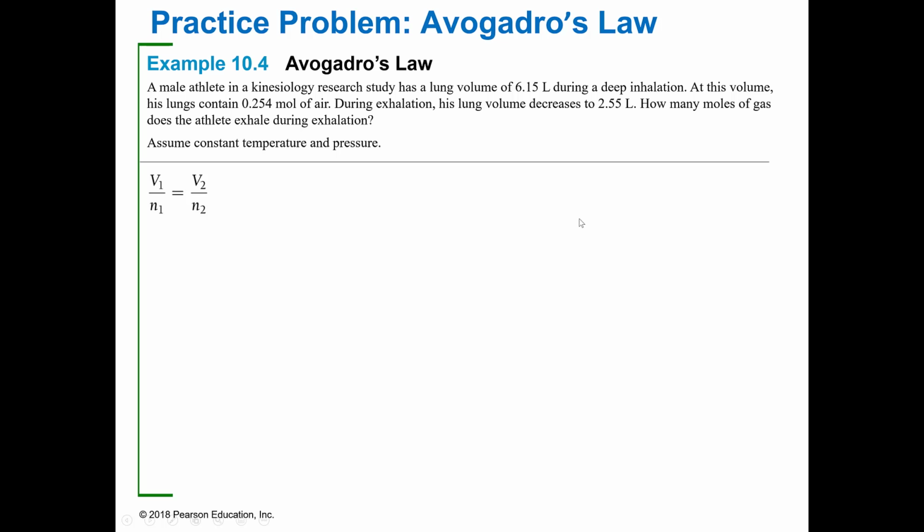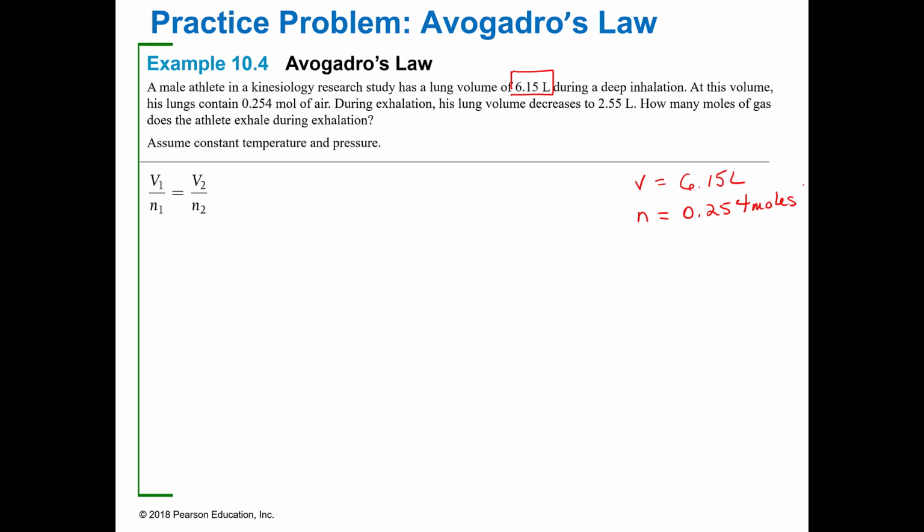All right. So an example of Avogadro is a male athlete in a kinesiology research study has a lung volume of 6.15 liters. So we have a volume of 6.15 liters during his deep inhalation. At this volume, his lung contains 0.254 moles of air.